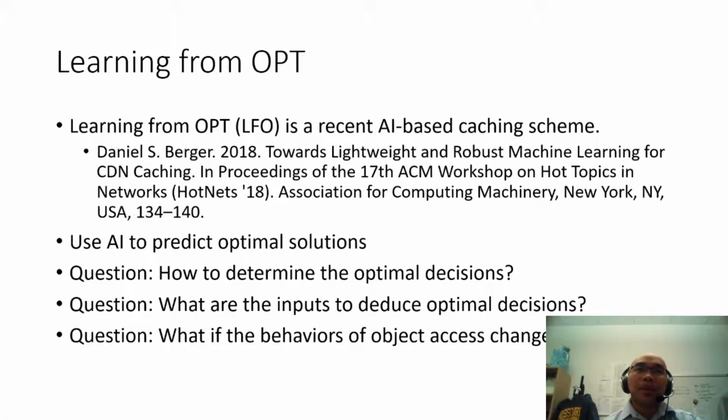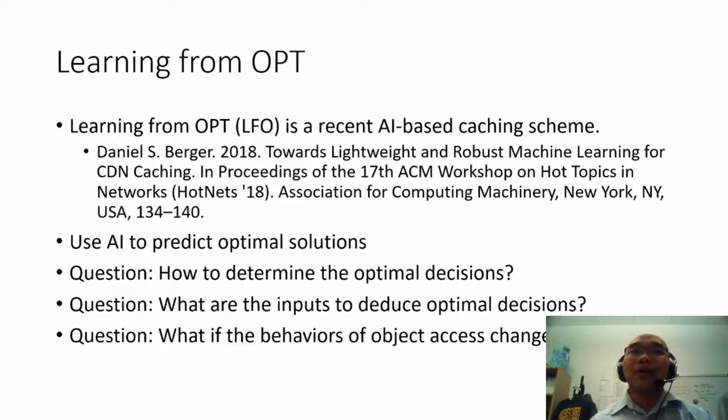It was proposed by a postdoc at Carnegie Mellon University. It uses AI to predict optimal solutions. To predict the optimal solution means to predict the caching decision, which is whether to cache the object or not.